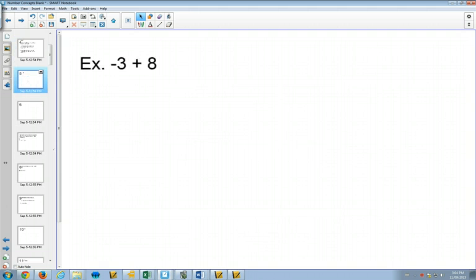Here's our first one, -3 plus 8. See if you can do it in your head, and then you know what it is? It's +5. Now, if you're having trouble seeing how that's +5, you think of your number line, put 0 on there.